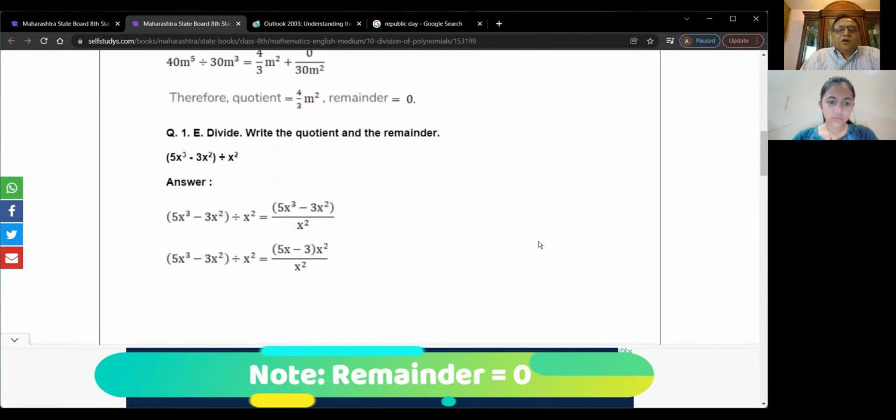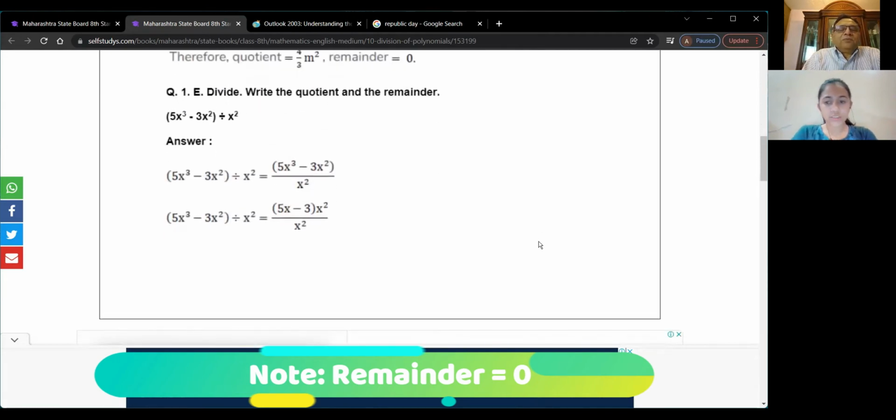Now we have a binomial. Correct? So let us see how do we divide this binomial. So as far as your book method is concerned, we have 5x cubed minus 3x squared, and we have to divide both by x squared, correct? Yes. So from the numerator, you could factor out x squared.